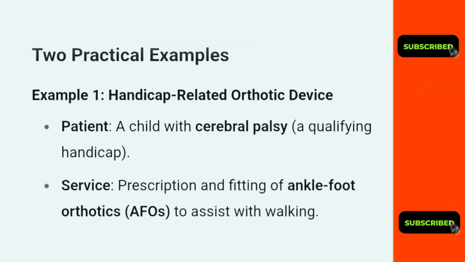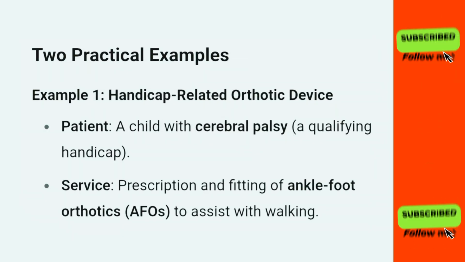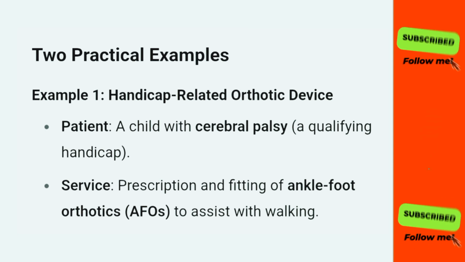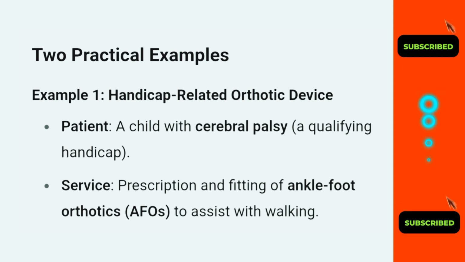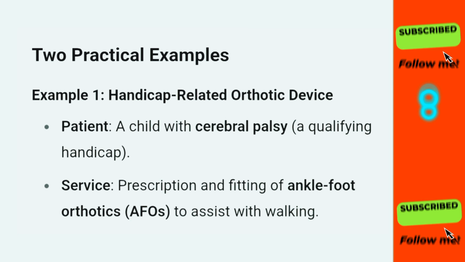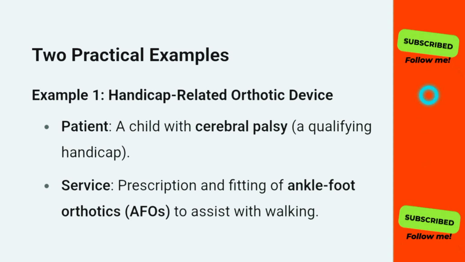Here we go with two examples. The first example is a handicap related orthotic device. A patient having a child with cerebral palsy, a qualifying handicap, needs the service of prescription and fitting of ankle foot orthotics to assist with walking.